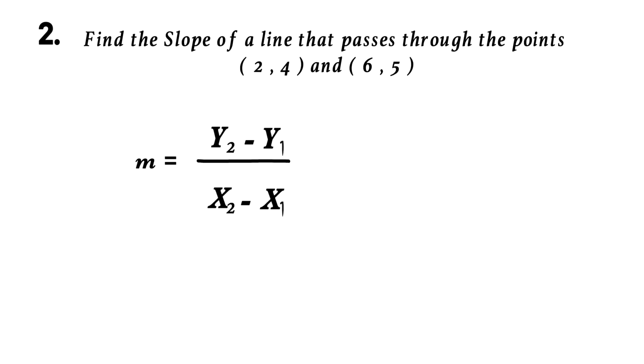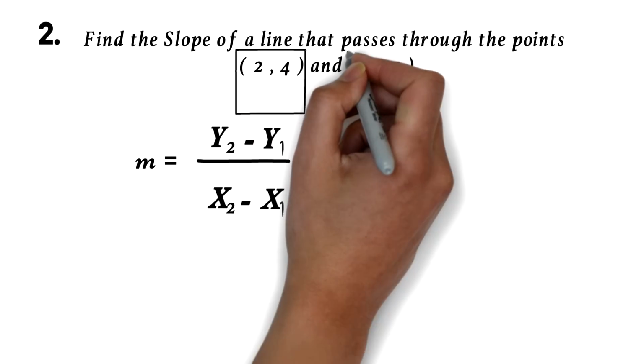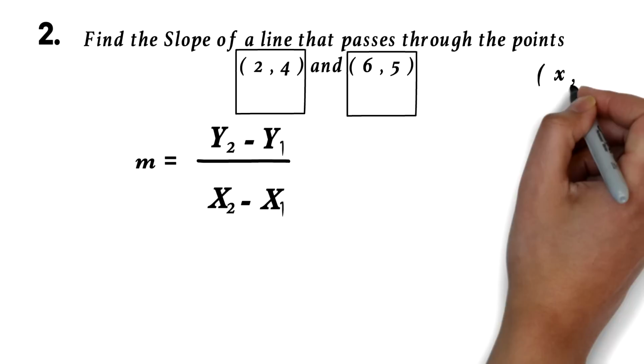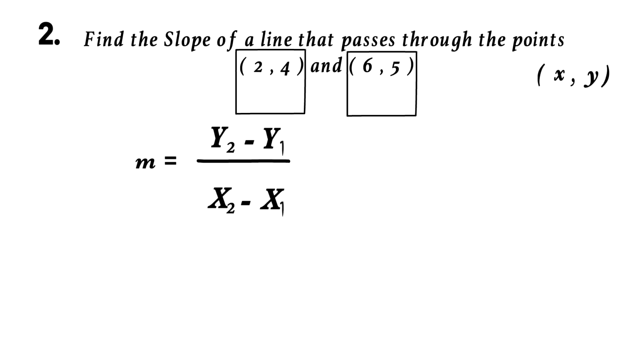Please note that you can call any of the points 1 or 2. I'm choosing this as point 1 and this as point 2. We know that when you have a point, the first value is your x, and the second value is your y. Since we are calling this point 1, we will have x1, y1 here. Same thing for this. Since we are calling this our point 2, we can call this x2, y2.